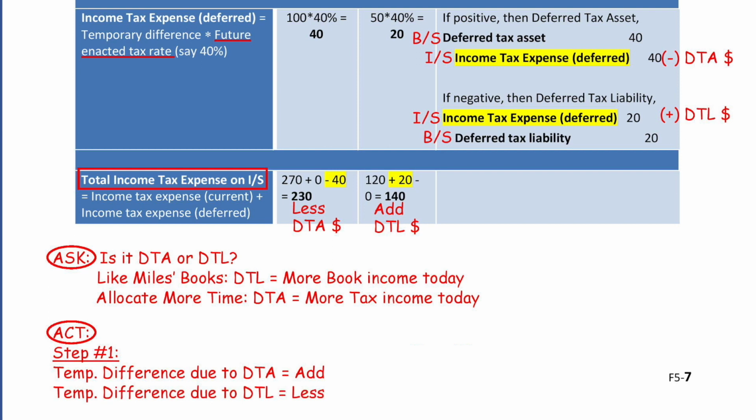So now after you've adjusted the permanent differences and temporary differences, you get to taxable income in step number 1. Now in step number 2, you're calculating the income tax expense which goes to the income statement. So on your income tax expense current, you're going to less DTA dollars for the year and add DTL dollars for the year. So DTA dollars equals less, DTL dollars equals add.